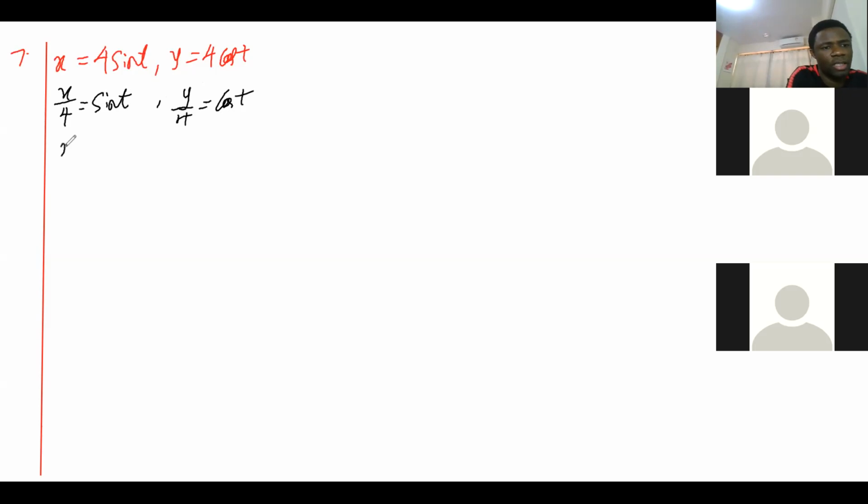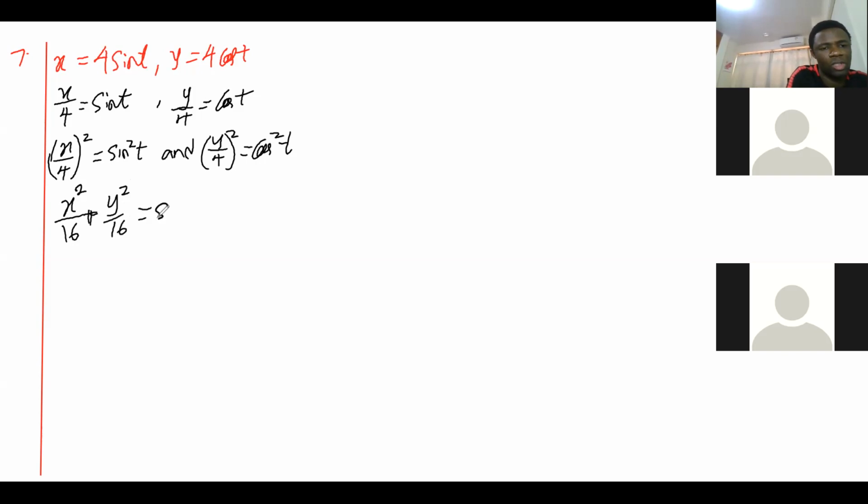Square both sides: x divided by 4 squared equals sine squared t, and at the same time, y divided by 4 squared equals cos squared t. So if you add these two together, you get x squared over 16 plus y squared over 16 equals sine squared t plus cos squared t.